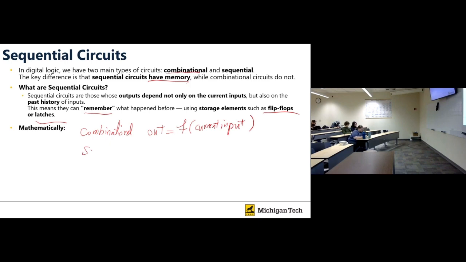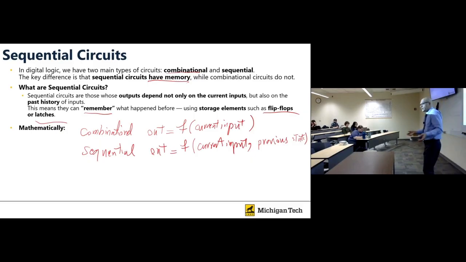But in sequential logic, we want to find the output that is not just based on the current input, but also based on the previous state. This is what we want to find. And this function is still a Boolean function, but it has some elements coming from before.